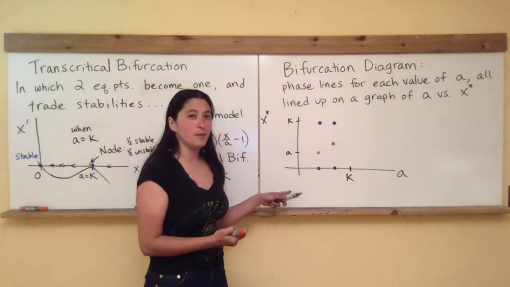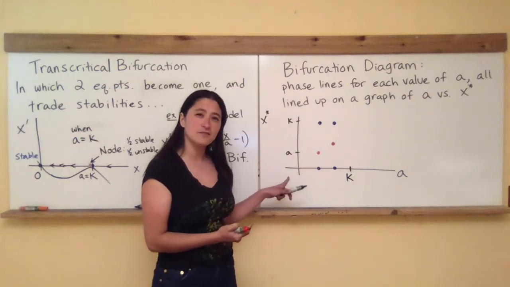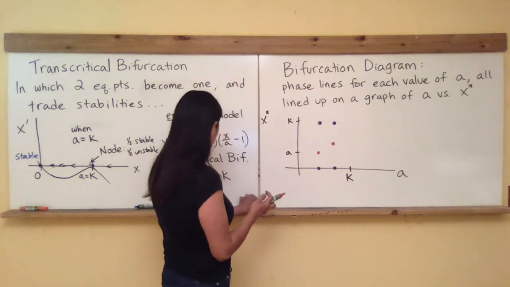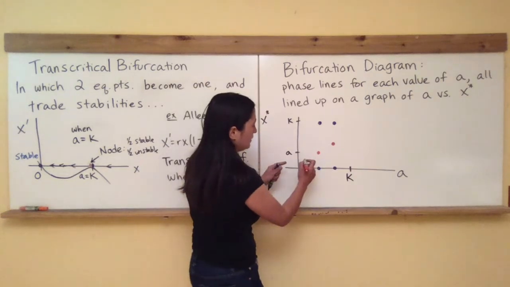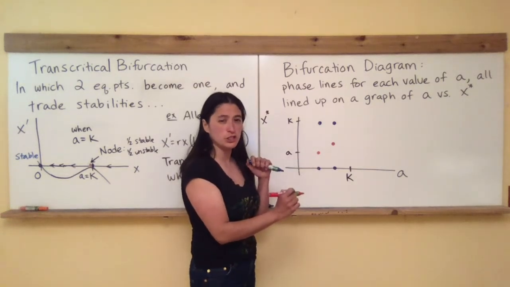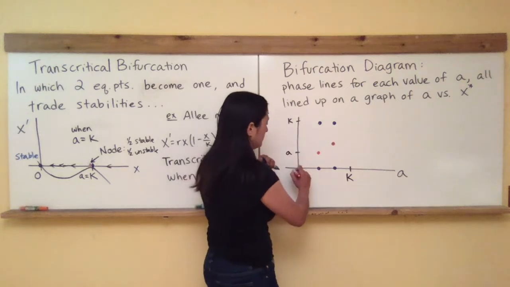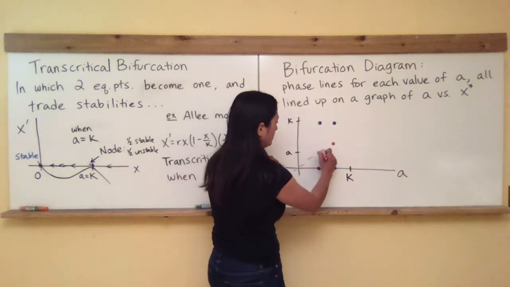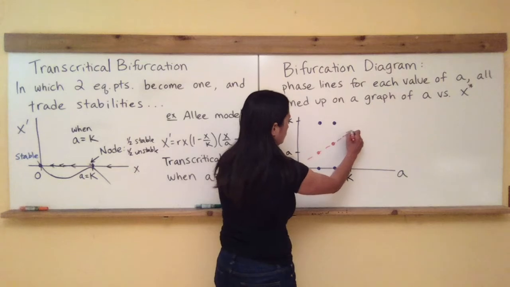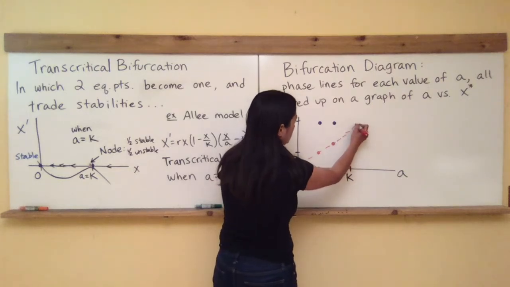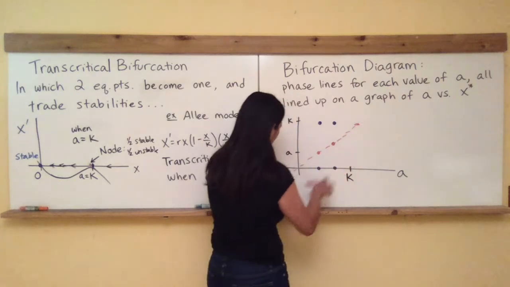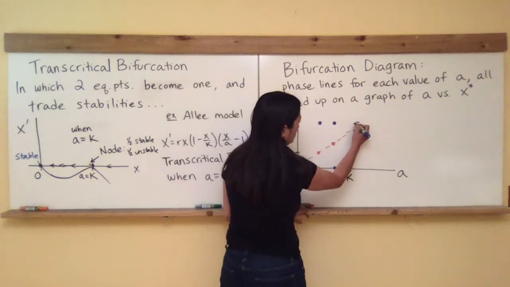Actually, when I look at the bifurcation diagram, that does make a lot of sense, because to follow my logic this whole time, I've been linearly increasing the value of A until this point right here, where I got the half and half. You see, this is a half and half.